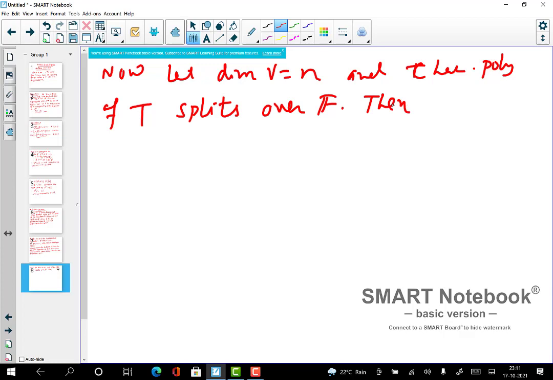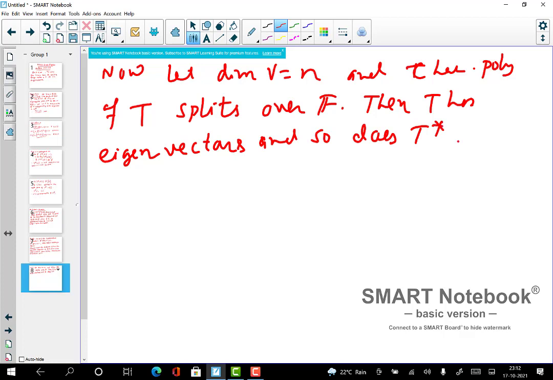T splits means T has eigenvalues and eigenvectors, and so does T star.